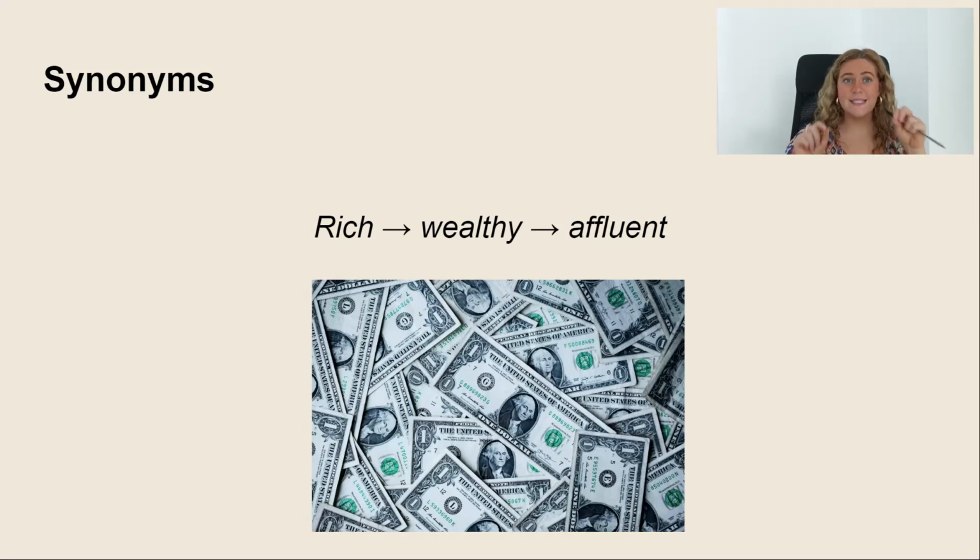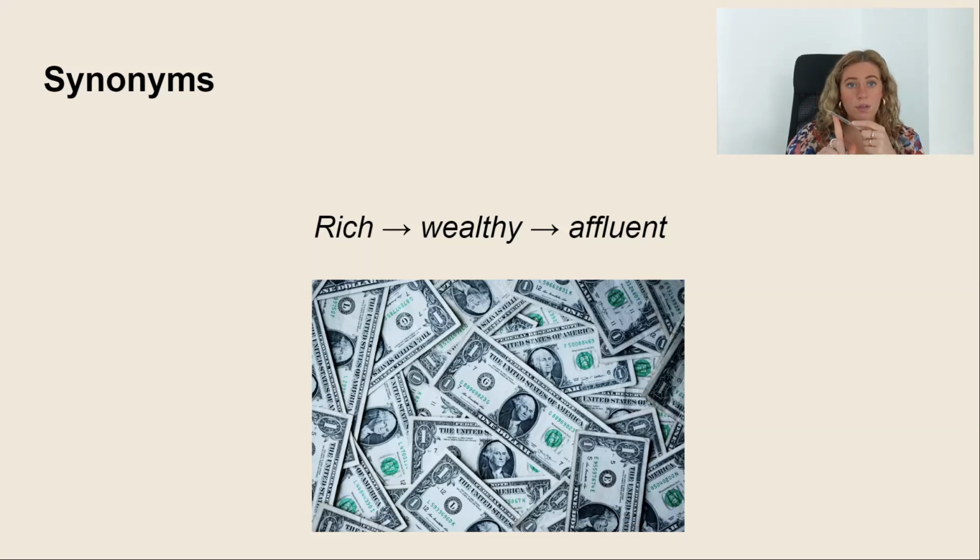Next, this is an adjective. Rich. When you have lots of money, you are rich. And a synonym that maybe you do not know, because I can take a guess, you know rich. But maybe you don't know wealthy or affluent. Okay?